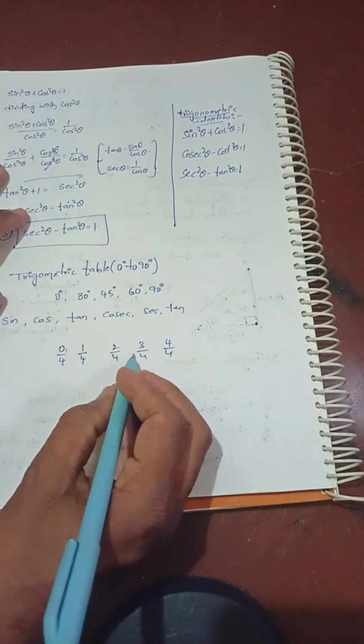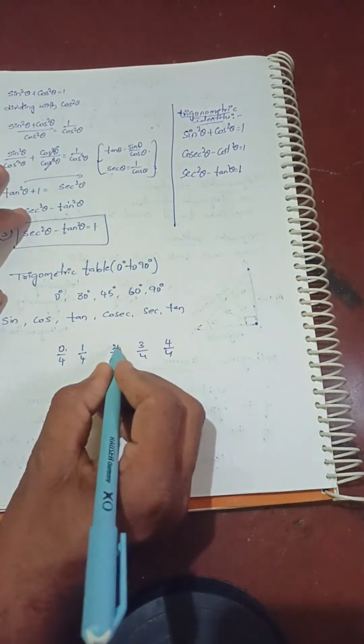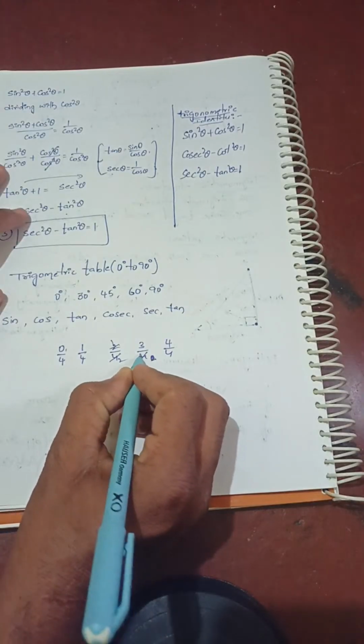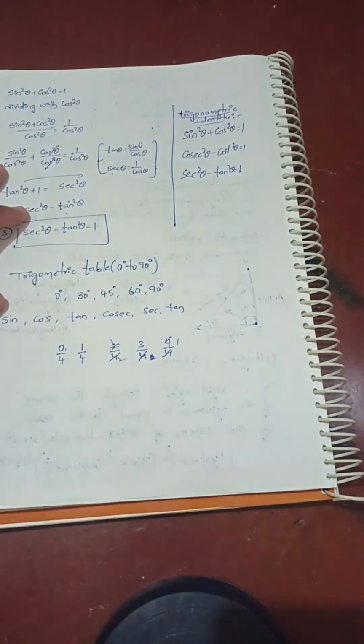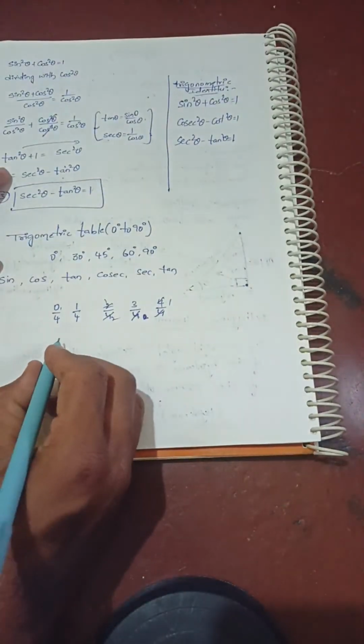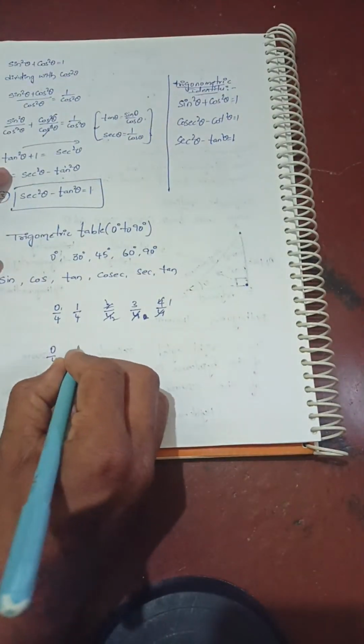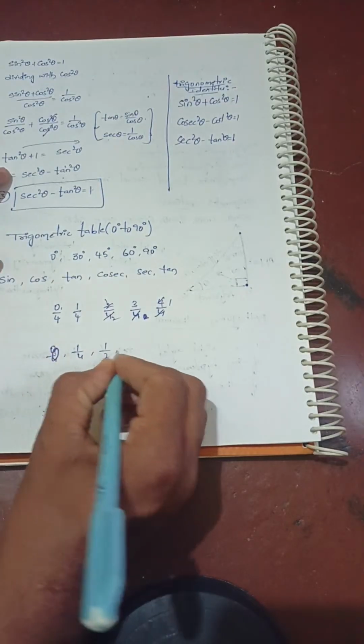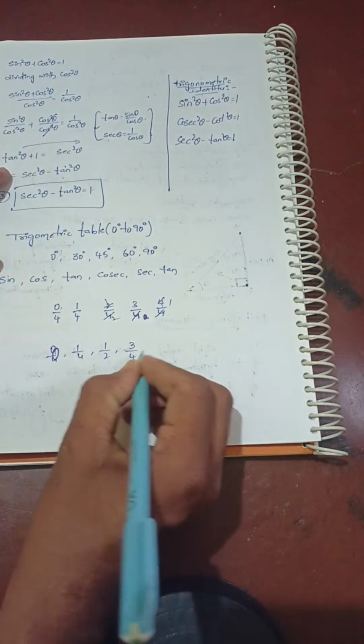So if I am dividing with 4, what are the answers? 0, 1 by 4, 1 by 2, 3 by 4 and 1.